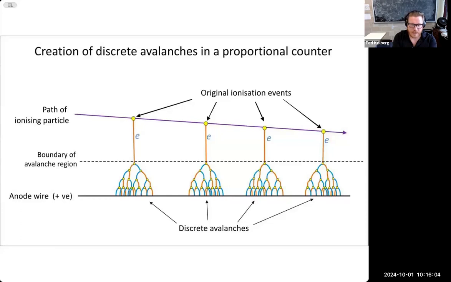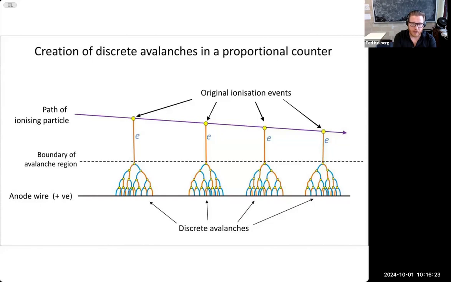But the basic idea is that you amplify the size of the original ionization event through successive generations of secondary ionizations. And then the amplitude of the current pulse that you measure on your wire is proportional to the energy which was transferred in the original ionization event or events.